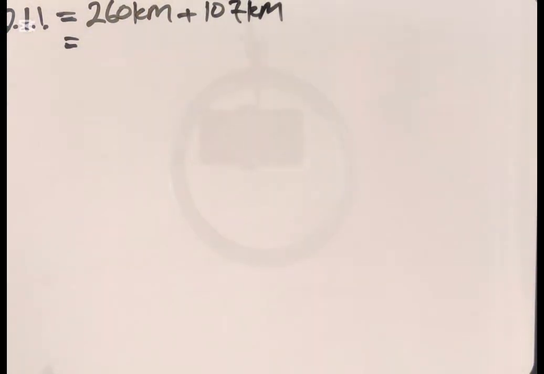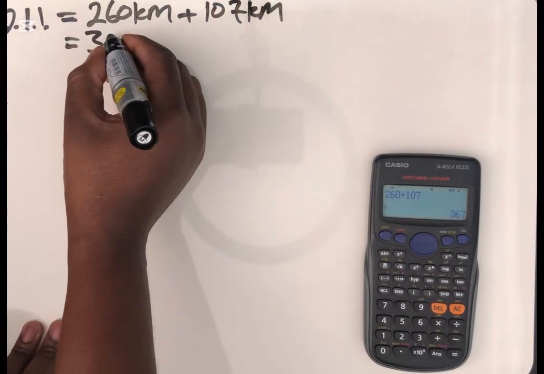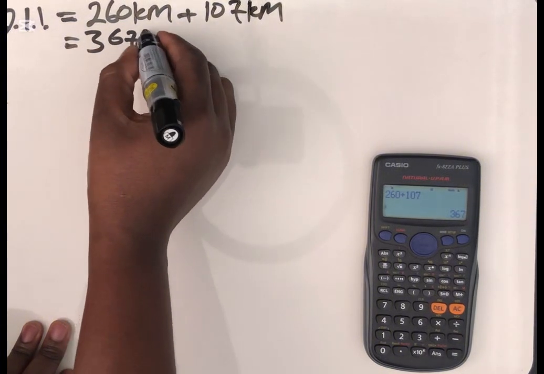So we add the two. We use a calculator: 260 plus 107. Our answer here is 367 kilometers.